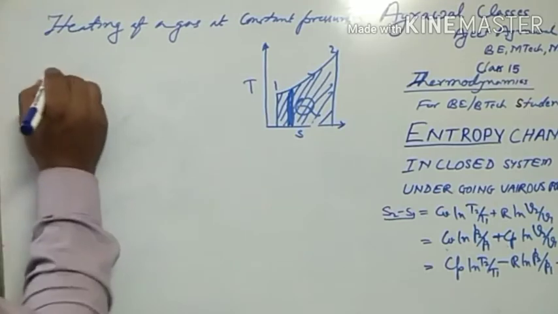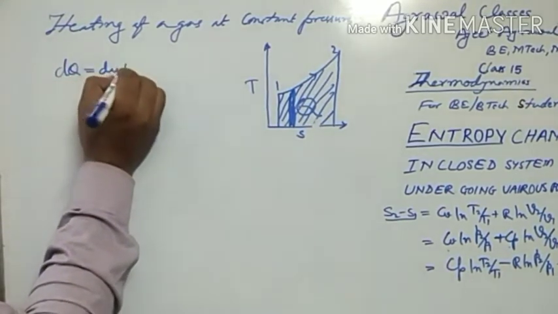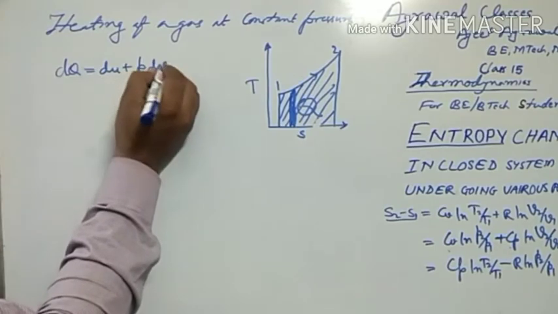For this small element we apply the first law of thermodynamics, so dq equals du plus pdv.